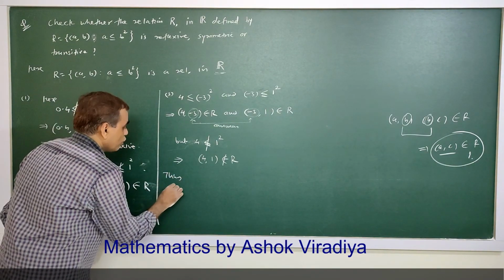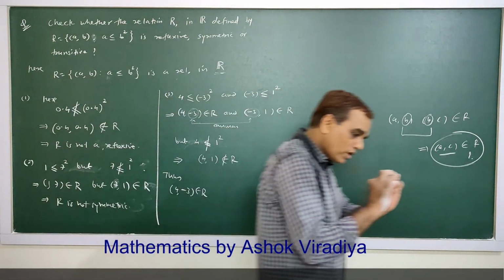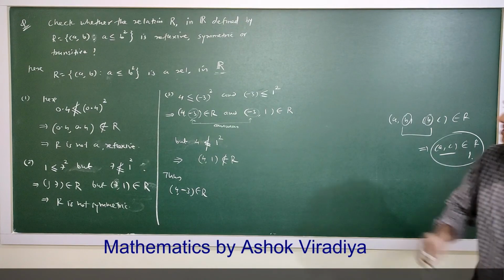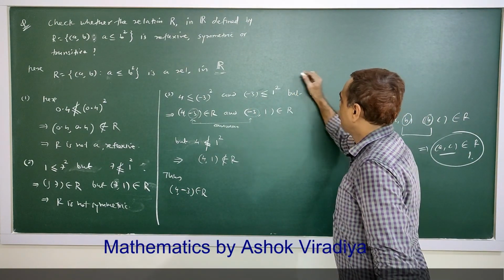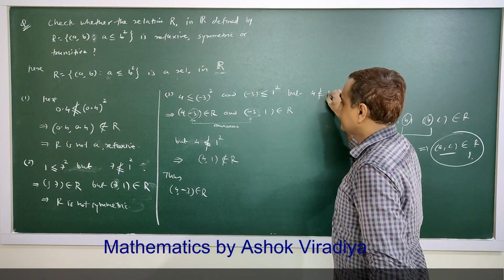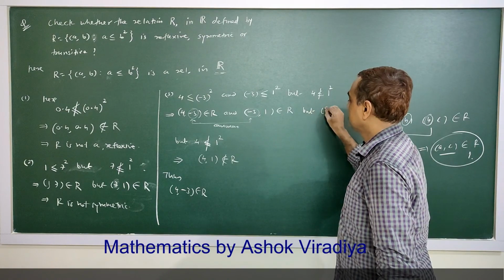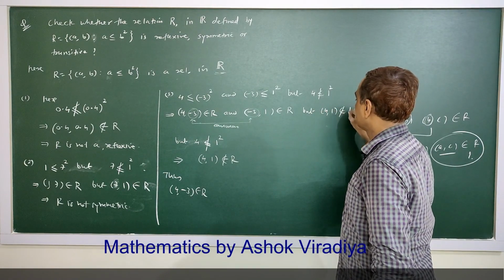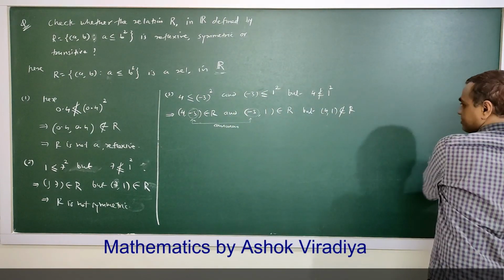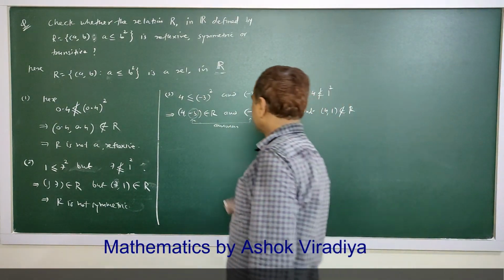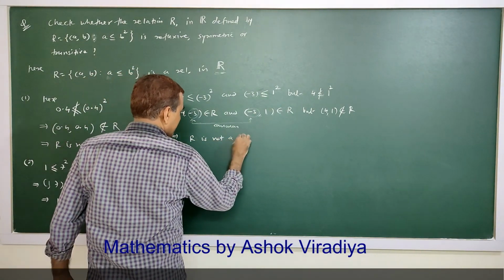Thus (4, -3) and (-3, 1) belong to R, these are true, but 4 is not less than or equal to 1 squared. So this is true, but (4, 1) does not belong to R. Therefore, this relation R is not a transitive relation.